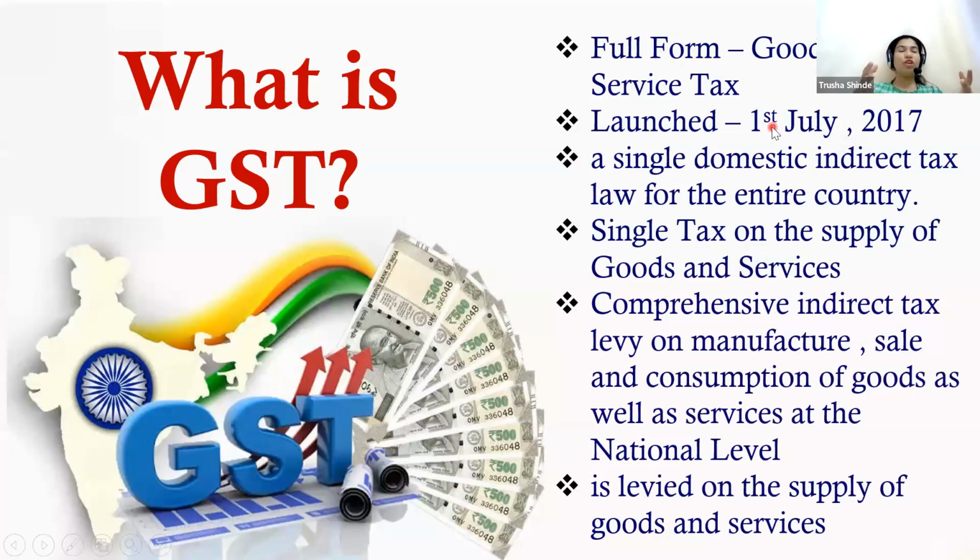This law itself says that it covers all of India, including Jammu and Kashmir. That is why it is also called a single domestic indirect tax. It is a single tax on the supply of goods and services.